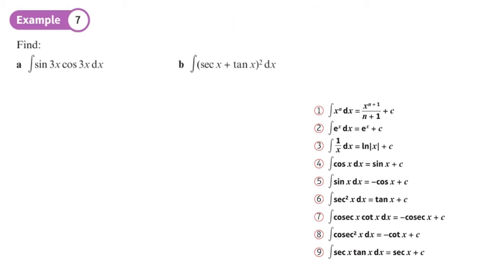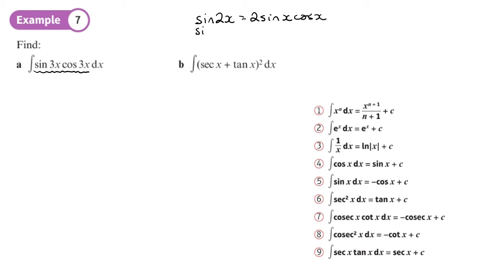Right, another trig identity here. We need to be thinking about the double angle for sine. So if I write this down, sine 2x is 2 sine x cos x.